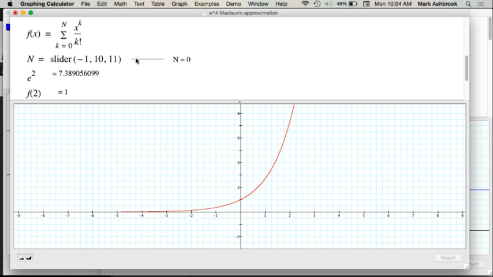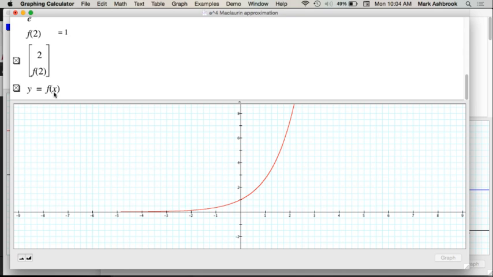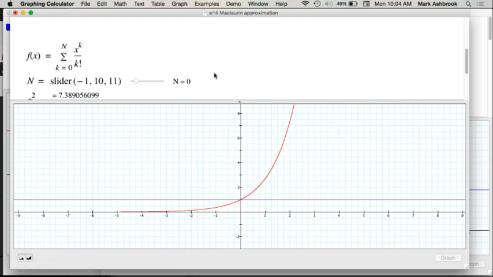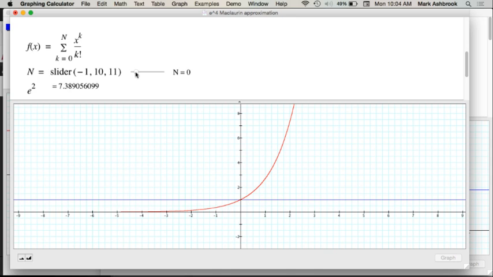I got to turn it on. So here's just the first term. All it gets right is the function value at 0, right? For the Maclaurin series, we're centering at 0. So all that first Taylor polynomial gets is the function value, y equals 1.